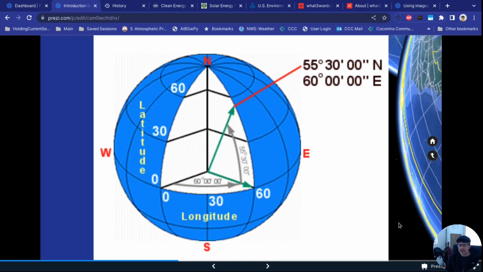And that's how we establish our points of latitude and longitude around the globe. If you're above the equator, all your latitudes will be north latitude. If you're below the equator, all the latitudes will be south latitude. If you're east of the prime meridian, all your longitudes will be east longitude, and all your longitudes west of the prime meridian would be west longitude, and they'll be designated as such.